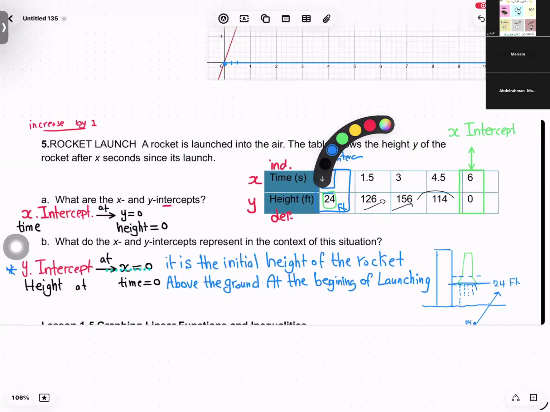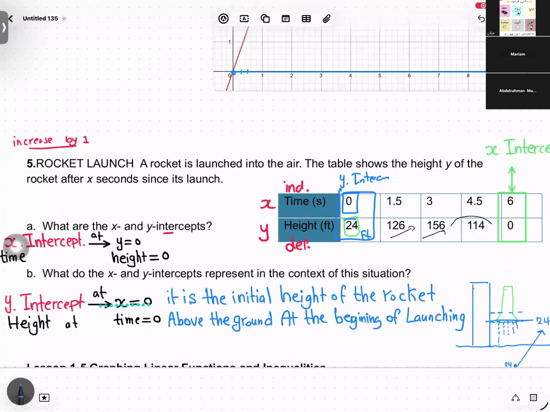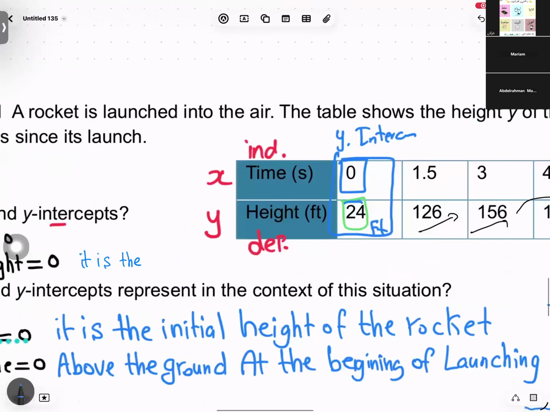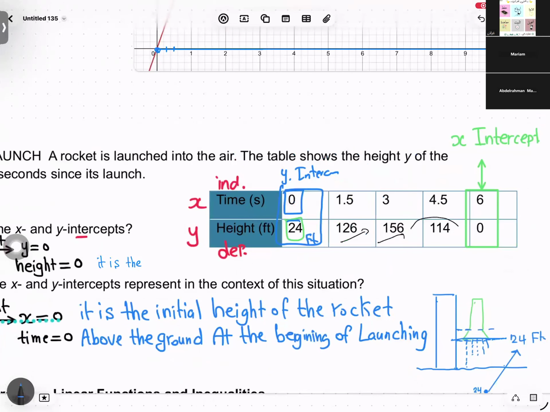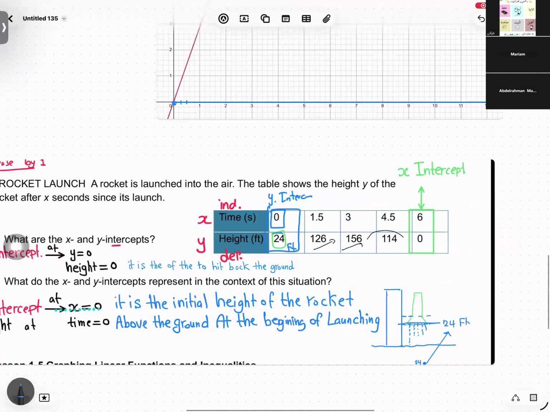So the x-intercept is the time when the rocket hits the ground, which means it takes 6 seconds for the rocket to go up and come back to the ground. It is the time of the rocket to hit the ground back. Okay.